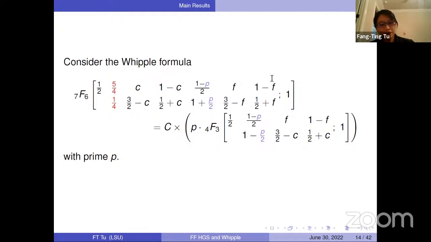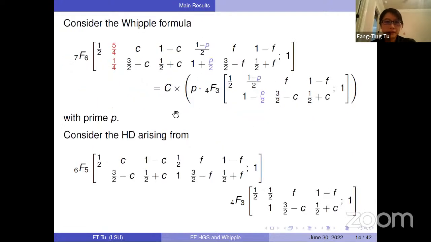This means the hypergeometric data we are considering is actually coming from a 6F5 like this, where I remove the second column and the P part. For the right hand side, we consider the hypergeometric data coming from this 4F3 function.